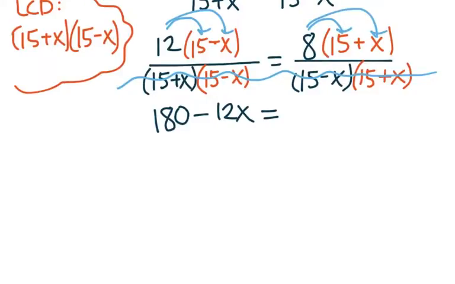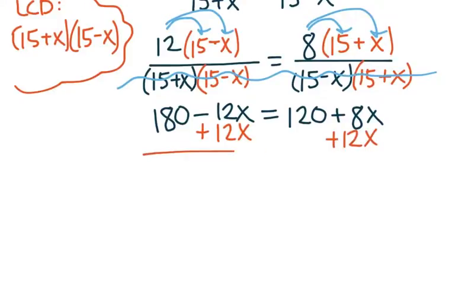So we'll have there just a 120 plus 8x. Like we said, it's linear, so I'll just get all my x's to one side and swing my numbers to the other. I'll just show adding my x's to the right-hand side. And again, you can skip steps as you see fit, but I'm going to try to show everything here so that we all are on the same page.